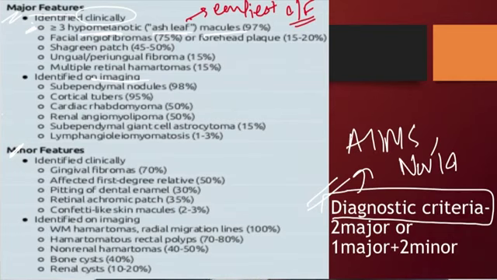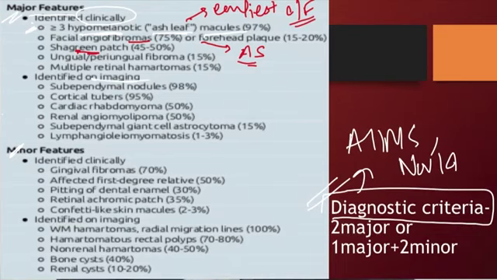What are the other cutaneous features? Facial angiofibromas or adenoma sebaceum, which is included in the Vogt triad as we've already discussed. This is the second clinical manifestation. The third cutaneous lesion is the shagreen patch, which is a brown-colored, plaque-like growth present in tuberous sclerosis.